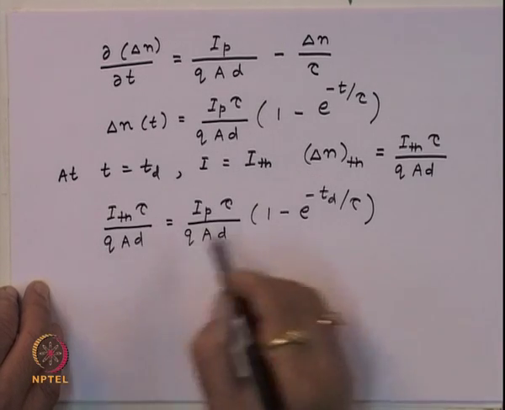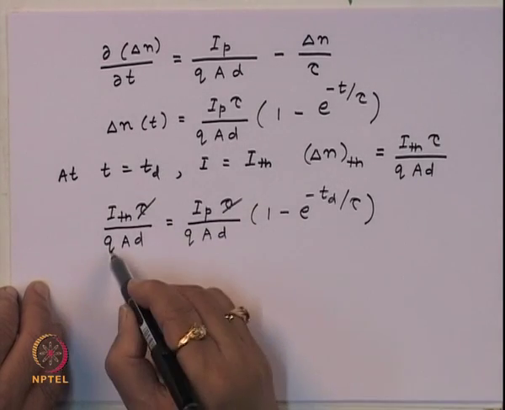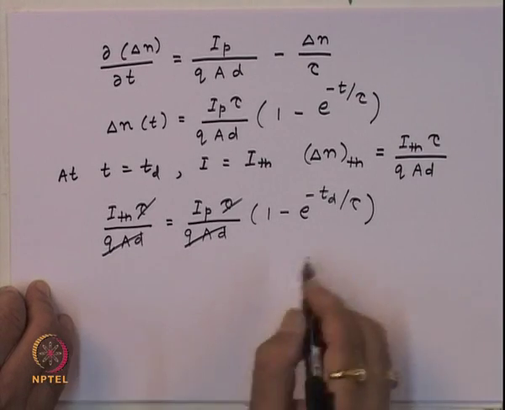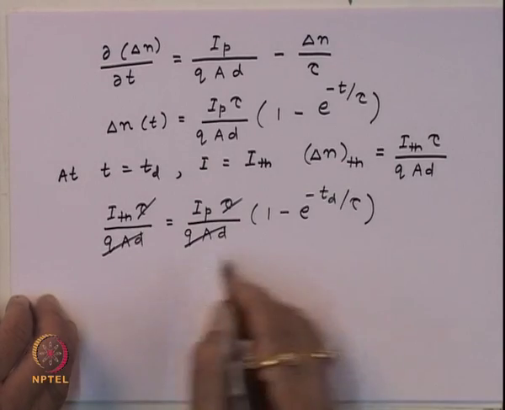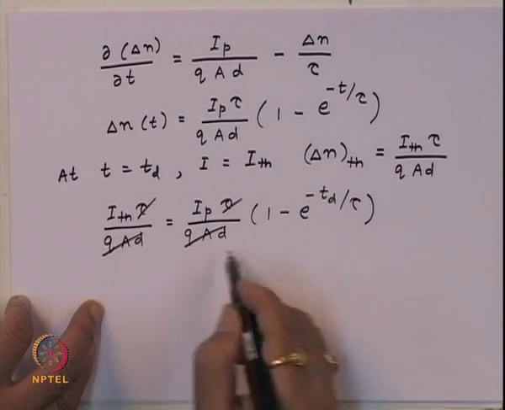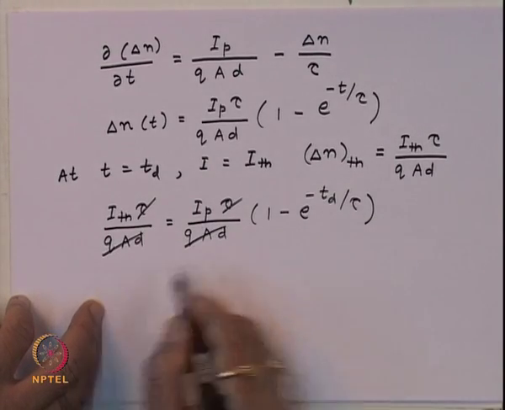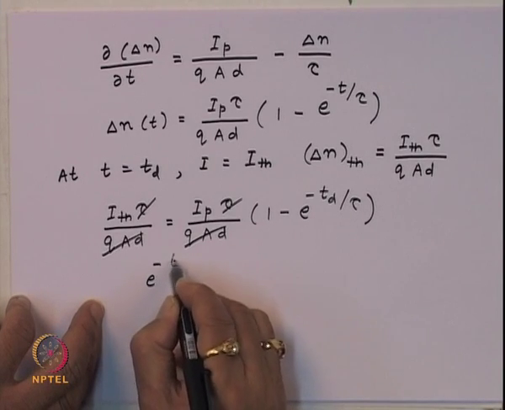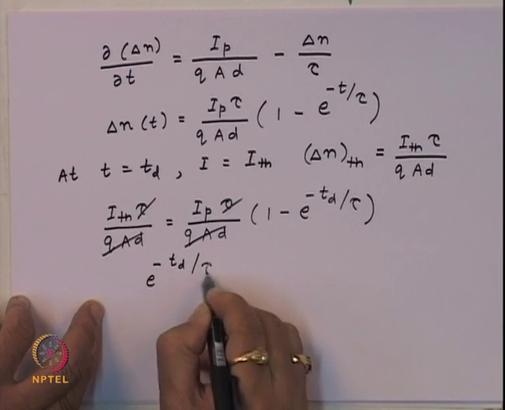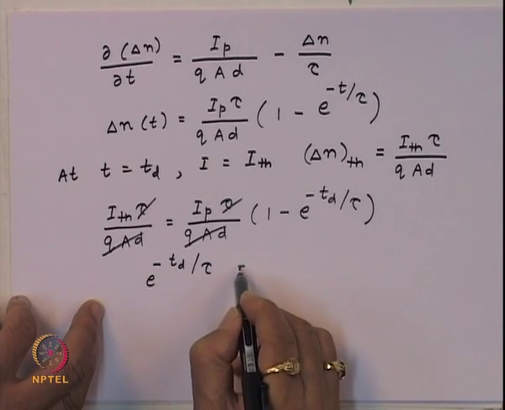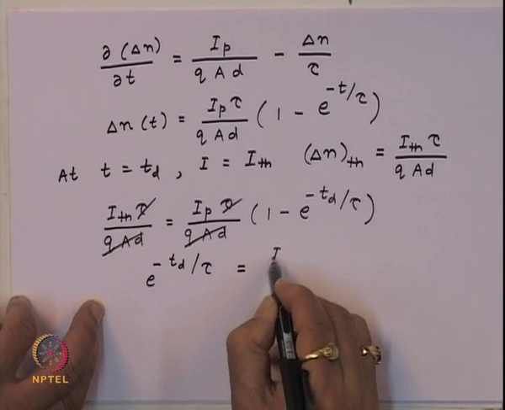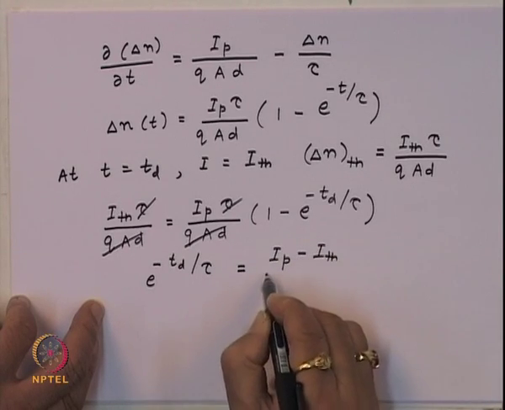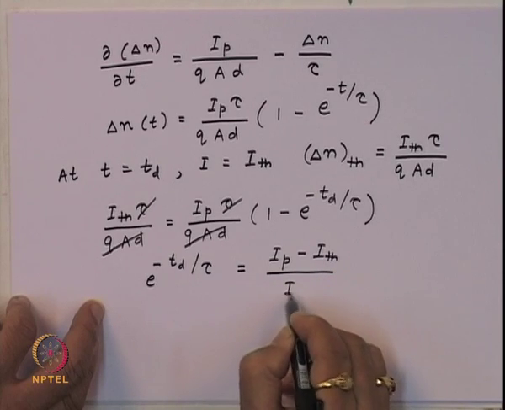This term will cancel, the tau will cancel, the q a d will cancel, and we will get a simple expression in terms of I p, I threshold, and the lifetime of the carriers tau. So, e to the power minus t d by tau is equal to I p minus I threshold divided by I p.